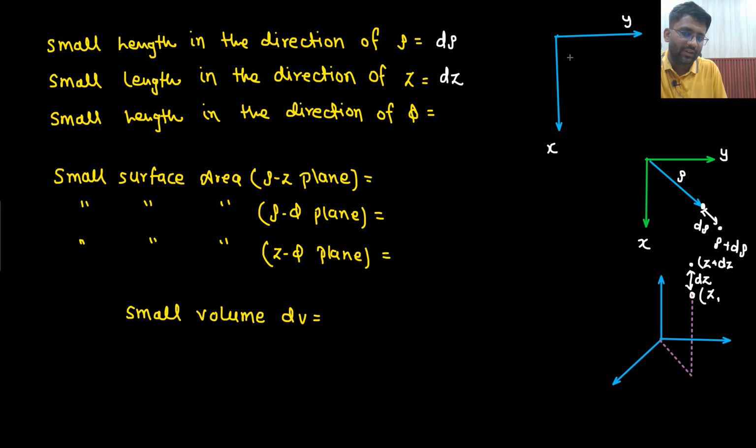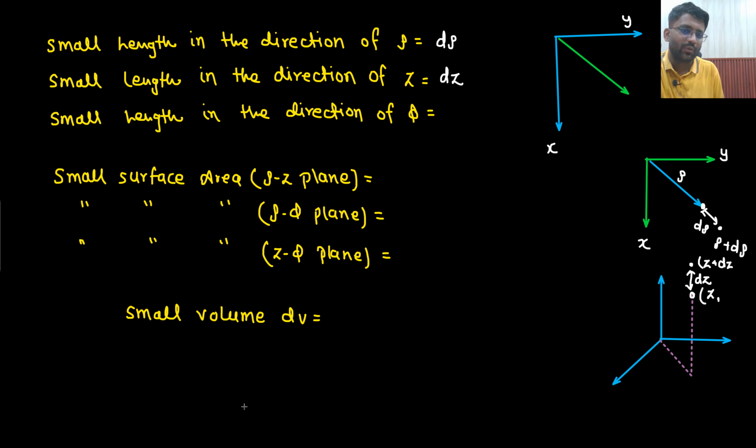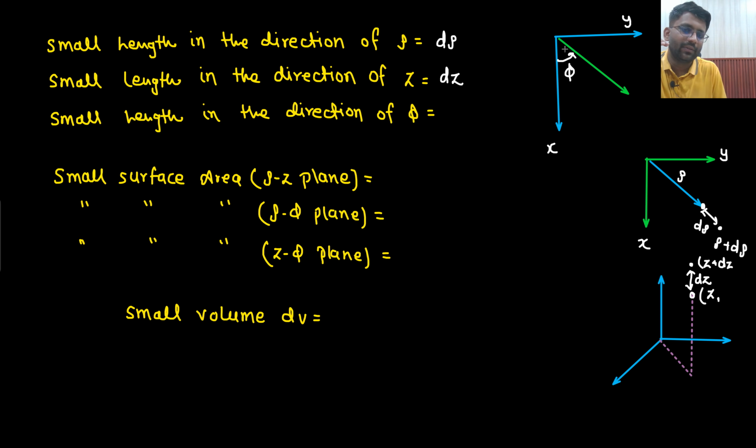Here in between some coordinates are there, at some rho distance, that I don't care. This is the angle made with the positive x-axis in an anti-clockwise direction. This is phi. So from phi to d phi we need to go.